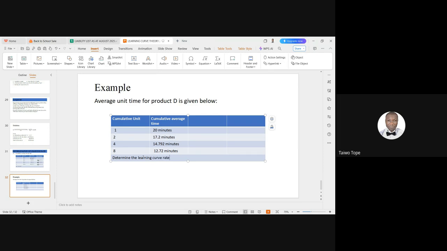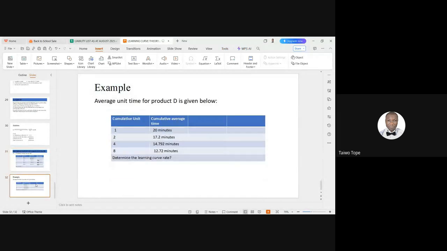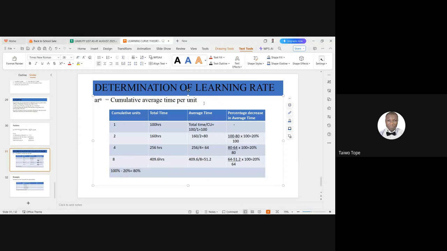To determine the learning curve rate, we use two approaches: the algebraic approach and the table approach. So this is the algebraic approach.